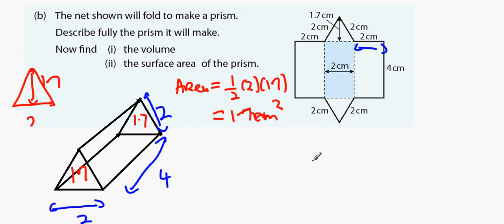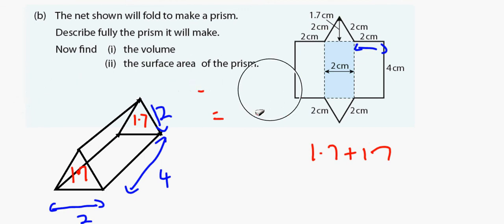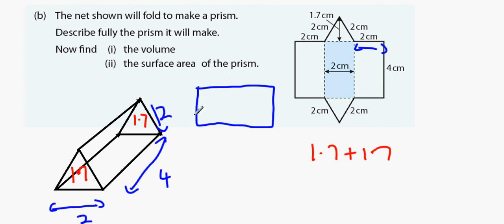The next thing we've got to do is find the area of the rectangular faces. So we're going to take the rectangular face on the left, and the one on the right, these ones here, not the base one. That's going to be 4 by 2, which is 8 centimeters squared, because a length of 4 and a width of 2. So it's going to be plus 2 eights, because there's two of these.